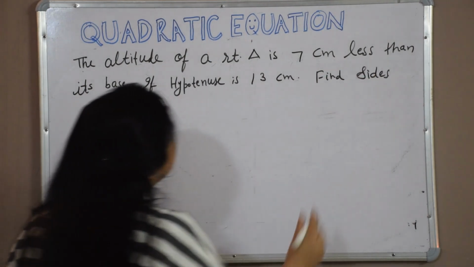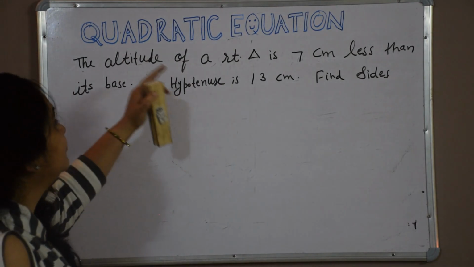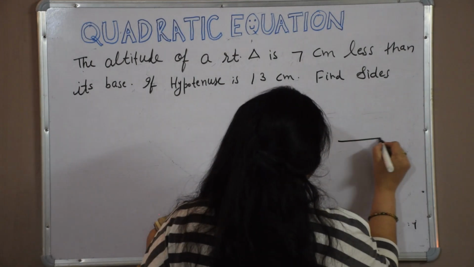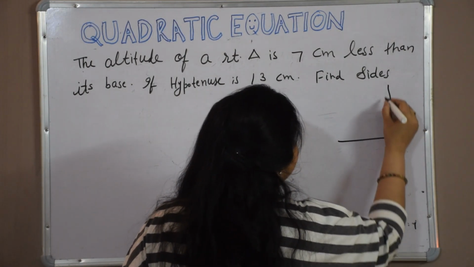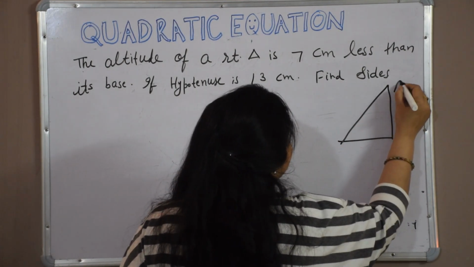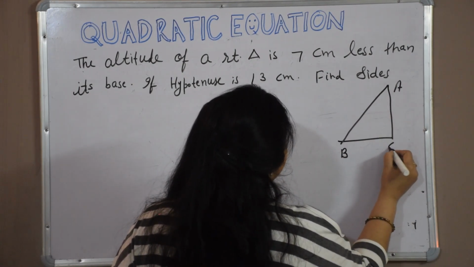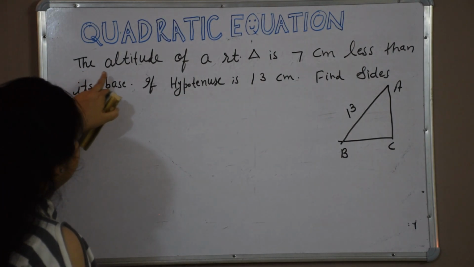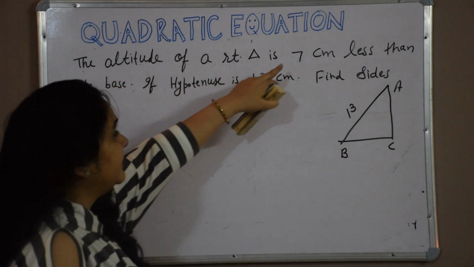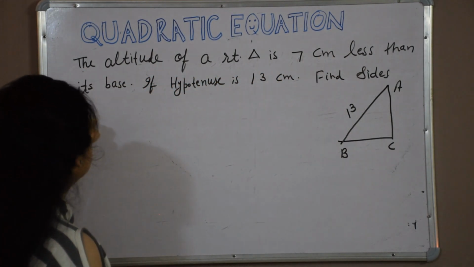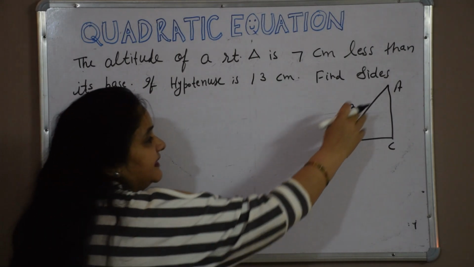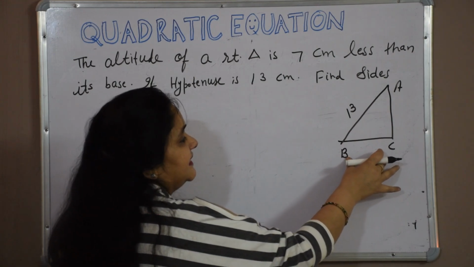One side is given, the hypotenuse is given to us, and for the other two sides there is a relation given to us. Suppose we have this right angle triangle ABC, and the hypotenuse is already given to us, and it is given that the altitude of a right triangle is 7 centimeter less than its base. So there is a relation between them, that AC is 7 centimeter less than BC.